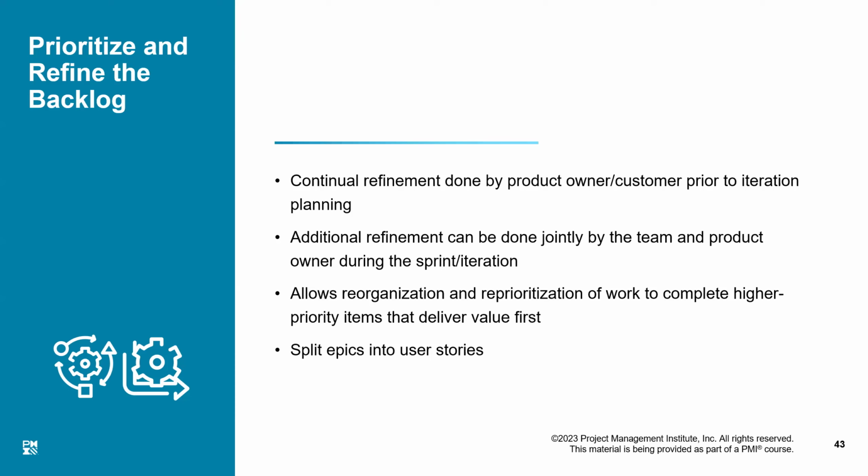After every iteration has been completed and the team has handed over the product, and it has been accepted, they have done their retrospective, and now they come back to the product backlog to pick new work for the next iteration. But during the first iteration, the customer might have been adding new requirements.